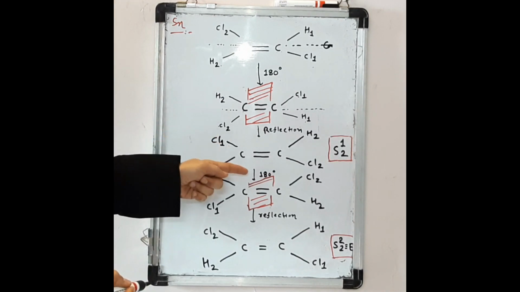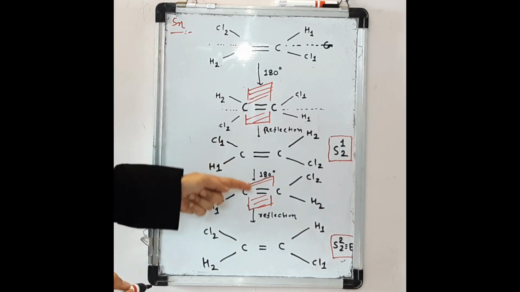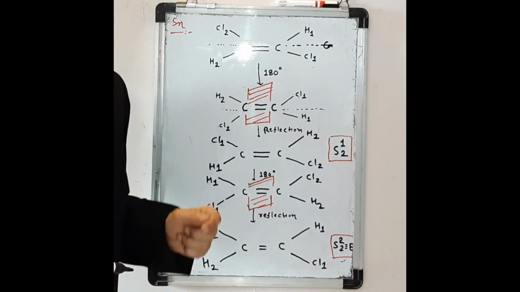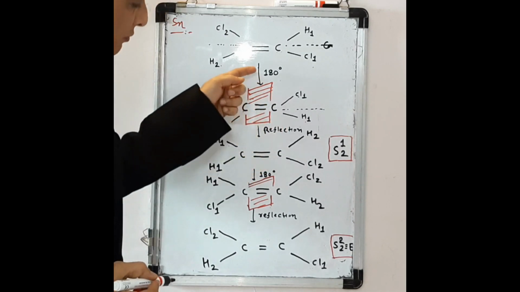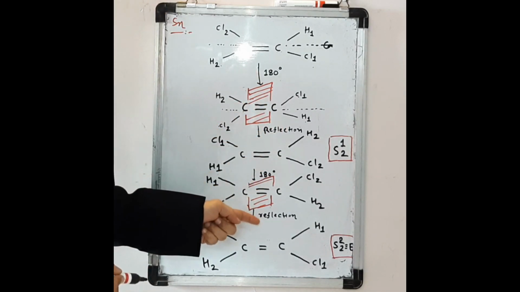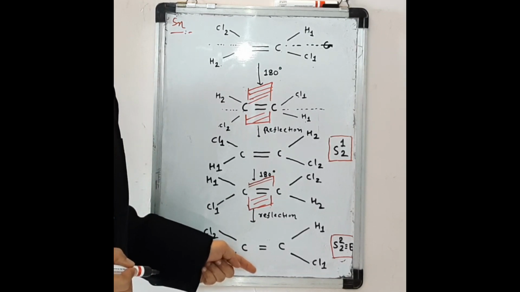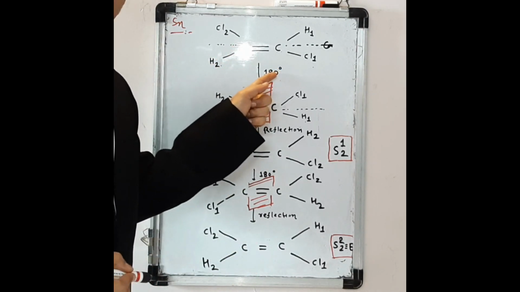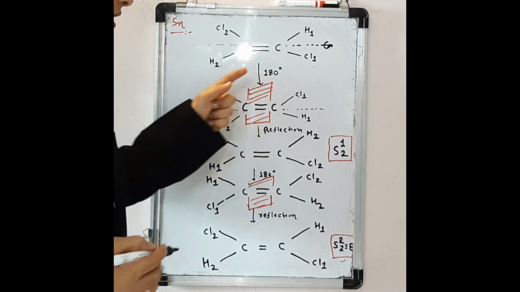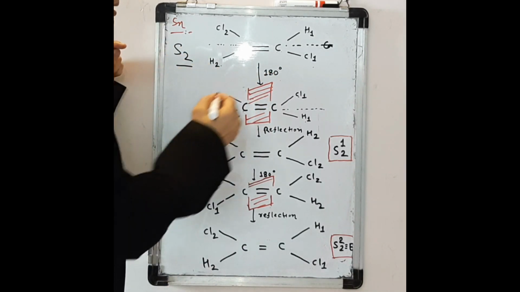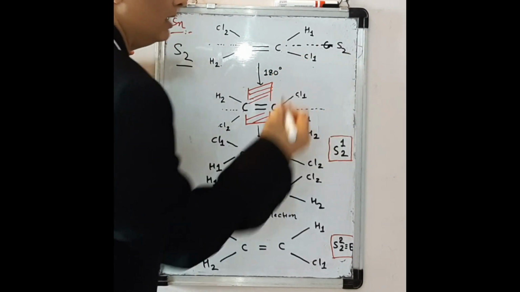Now another rotation by 180 degrees followed by reflection brings the molecule into the original configuration. So a total of 2 rotations by 180 degrees followed by reflection are required to get the original configuration. So we can say that trans-ethylene dichloride or 1,2-dichloroethene contains an S2 axis of symmetry.